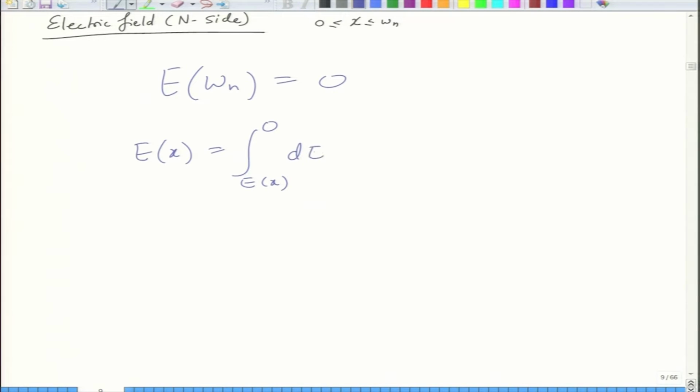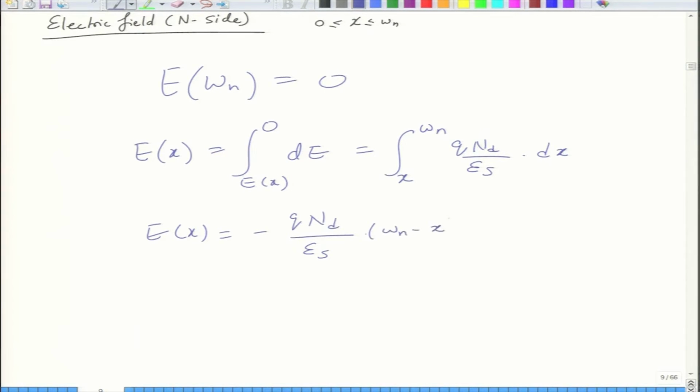So this is dE, integrated from x to Wn, and this becomes Q Nd divided by epsilon S into dx, and if you integrate it, you get E(x) as minus Q Nd divided by epsilon S into Wn minus x. Remember, it is integrated from E(x) to 0, that is why this minus sign comes, and this is valid for x between 0 and Wn.